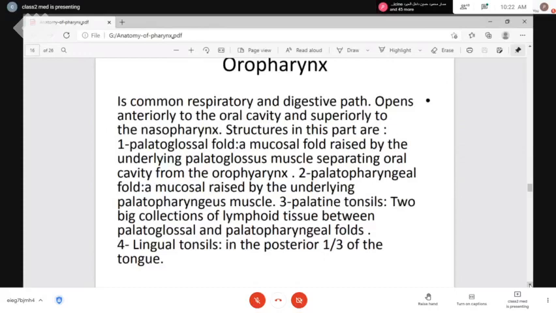And the fourth structure of the oropharynx is the lingual tonsil, which is located in the posterior one-third of the tongue.